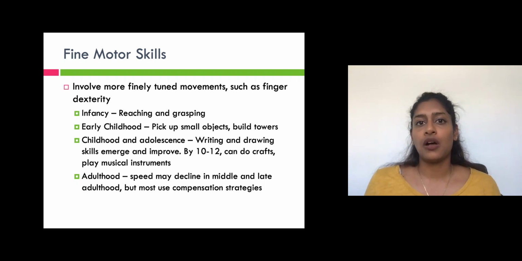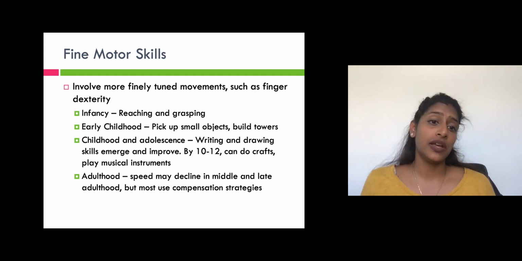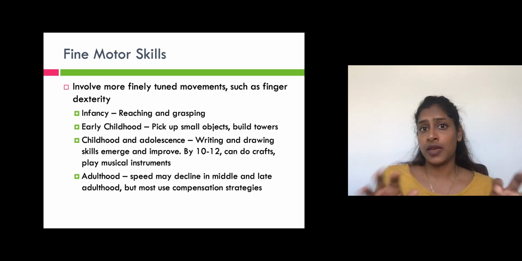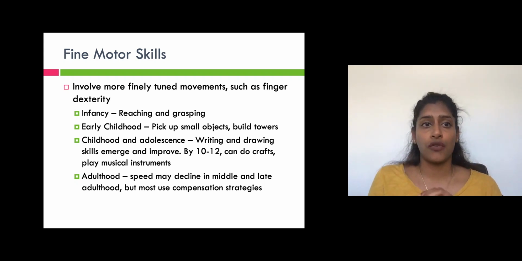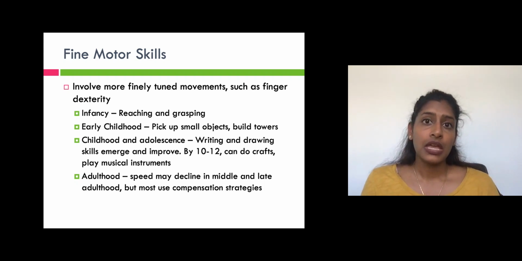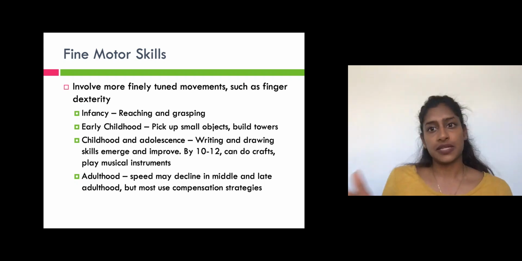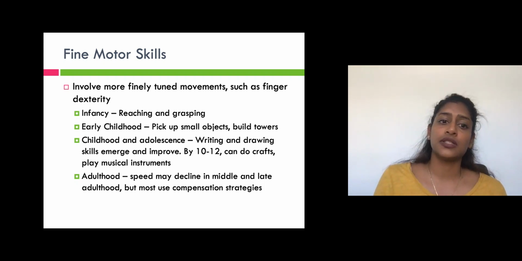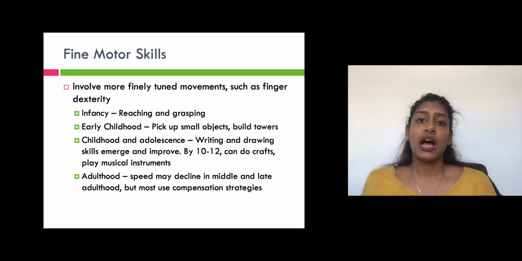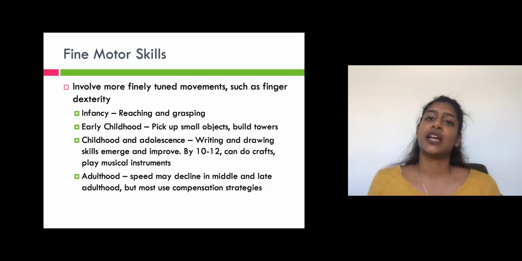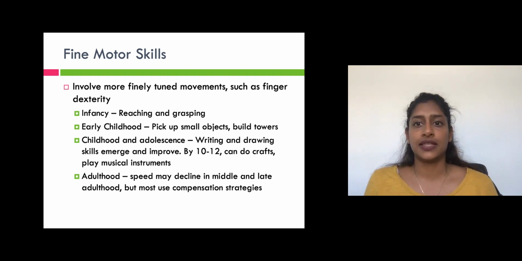By 10 to 12, children can do crafts, they can play musical instruments, right? Because now they're getting that movement. They have more control over those fine motor skills. In adulthood, we're going to see something similar to those gross motor skills. The speed may decline in middle and late adulthood. However, we are able to compensate for some of these things.